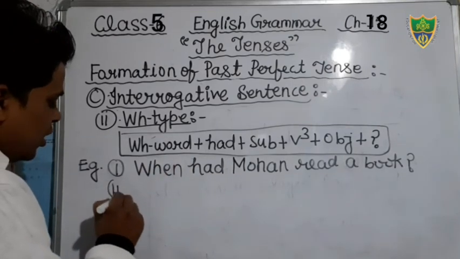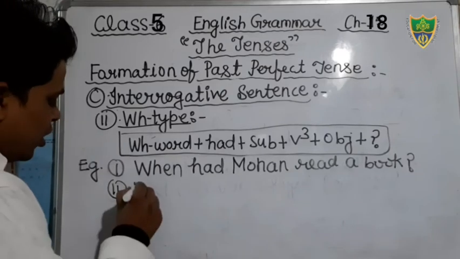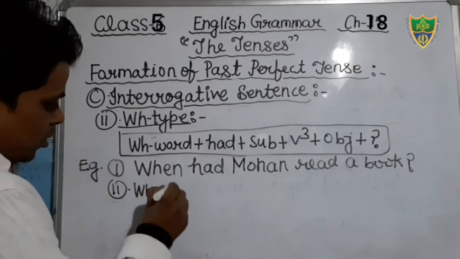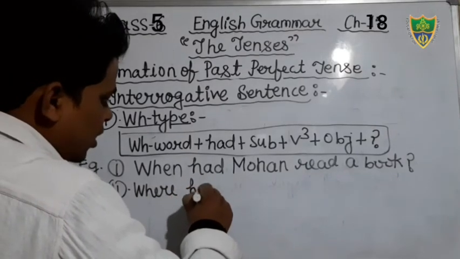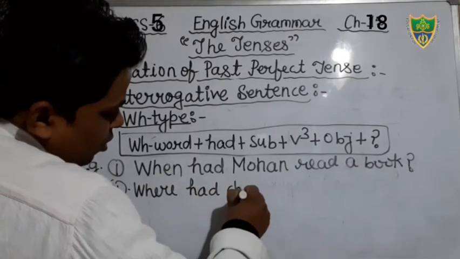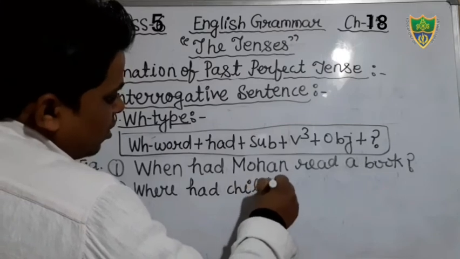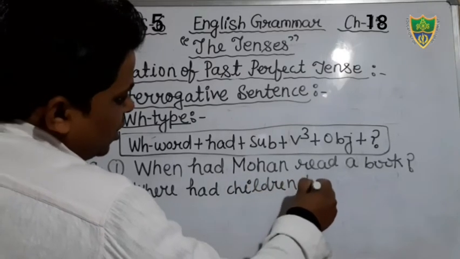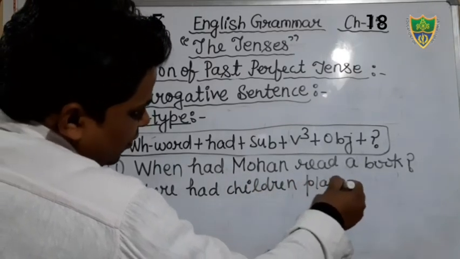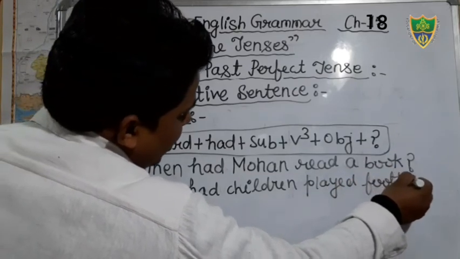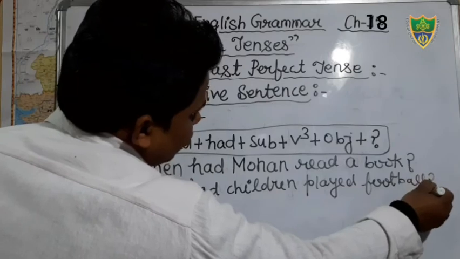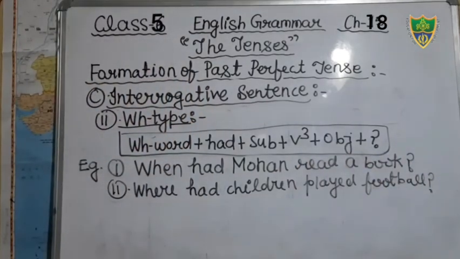Another sentence you can see. Where had children played football? That is another WH type interrogative sentence. You can also write, where had children played football?